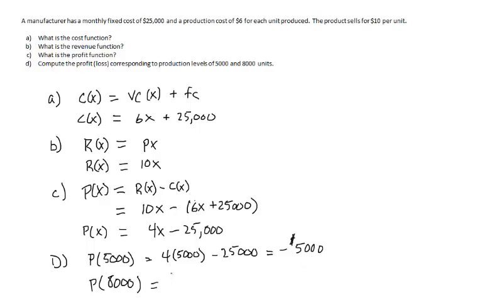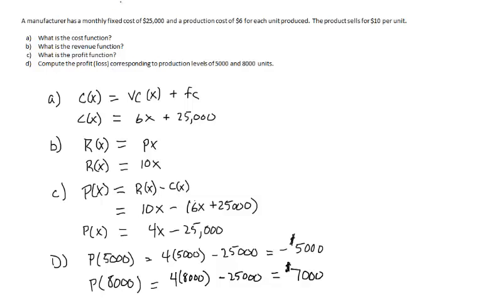At 8,000, we have 4 times 8,000 minus 25,000, which is 32,000 minus 25,000, which gives us 7,000. So at a production level of 8,000, the company is making $7,000.